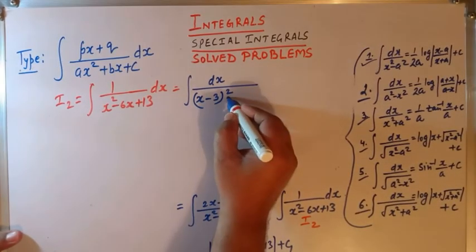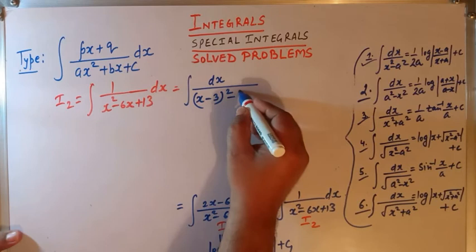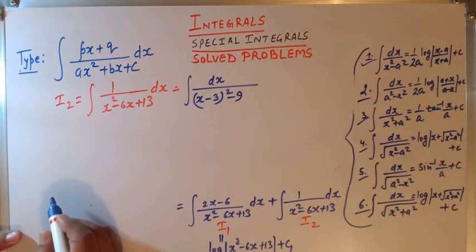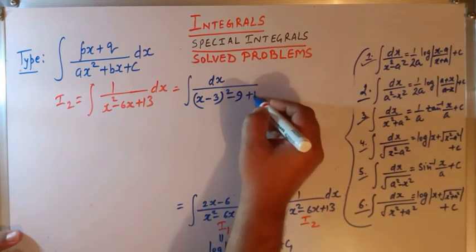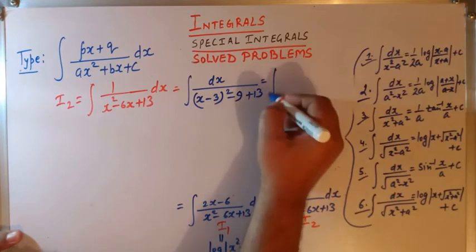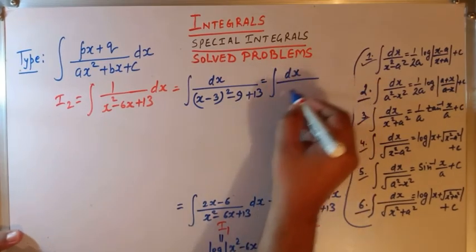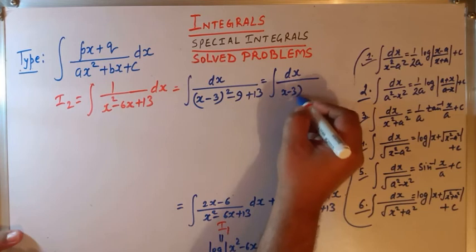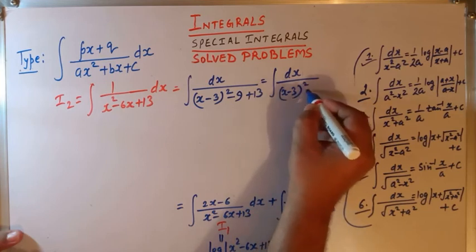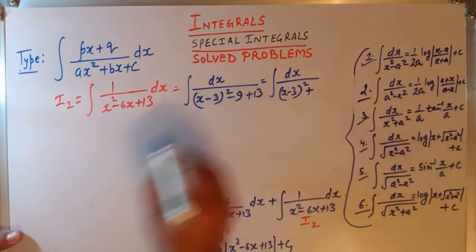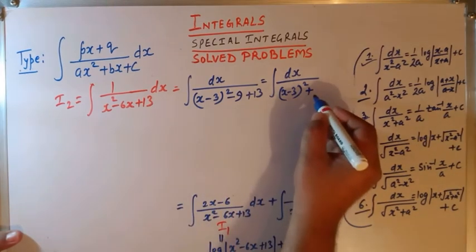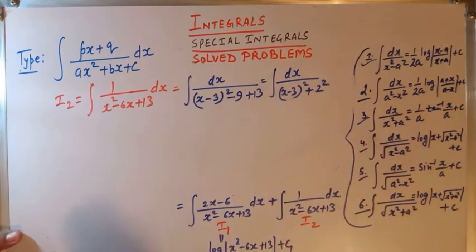So in order to eliminate that 9, we should subtract 9, and here we have plus 13. Now this can be written as dx divided by (x minus 3) square plus 13 minus 9, which is 4, so this is 2 square. Clear?